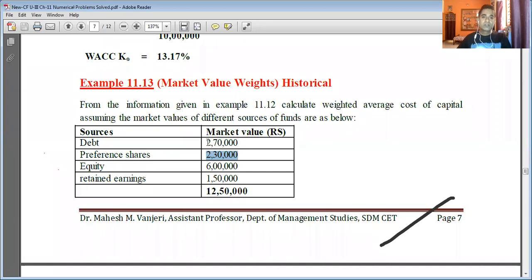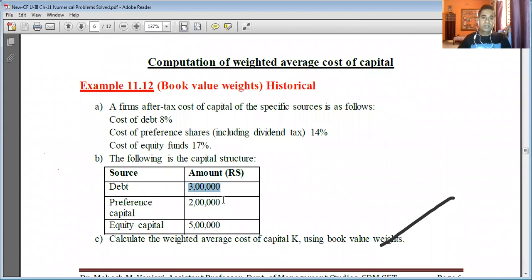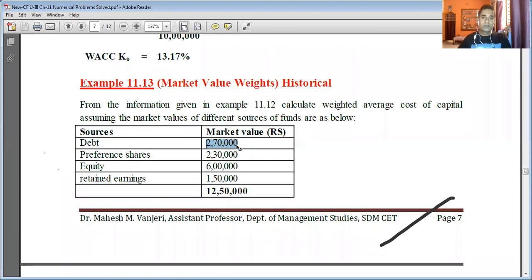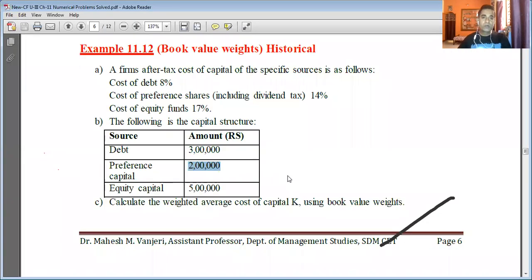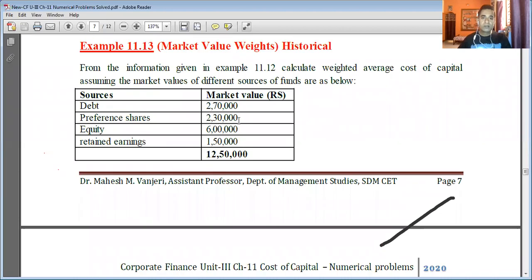If you want to sell your 3 lakh rupee debentures in the market, they can be sold at 2,70,000 rupees, which is less than the book value. Then preference shares: if you want to sell your 2 lakh rupee preference shares, they can be sold at 2,30,000 rupees, so the value has appreciated here.